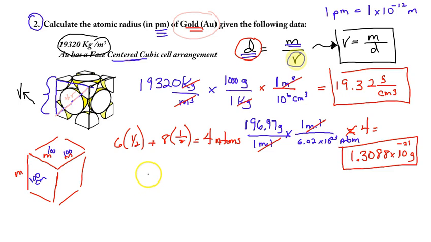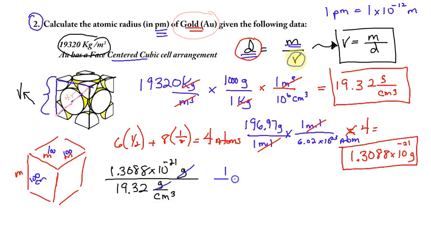I have my mass, which is 1.3088 times 10 to the negative 21 grams, all over the density, which is 19.32. And notice the units, grams divided by centimeters cubed. You should be using your units. Check this out. The grams cancel.